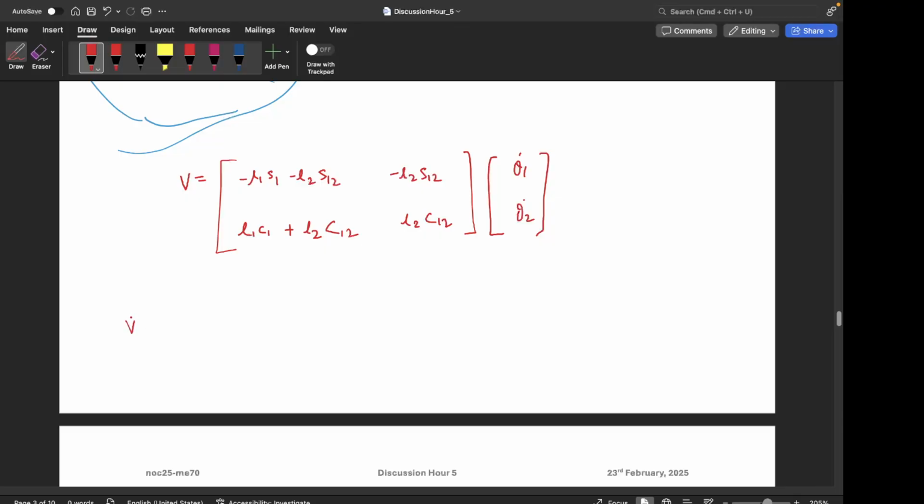So now if I do the dot product of this velocity vector with itself, I get an expression where I have terms like this.